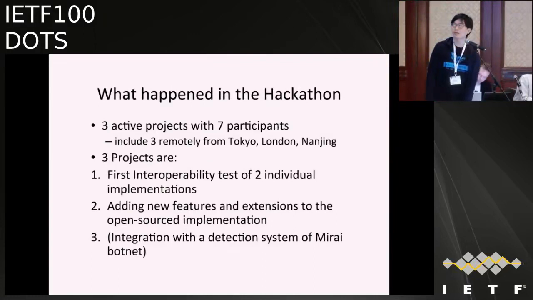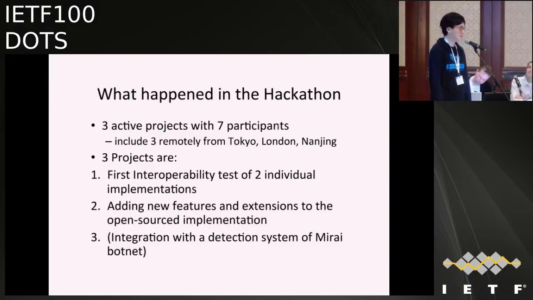So what happened in the hackathon? The 3 active projects were conducted in parallel with 7 participants, including 3 remote participants from Tokyo, London, and Nanjing. Their main project was, as I said, the interoperability test of 2 individual implementations.